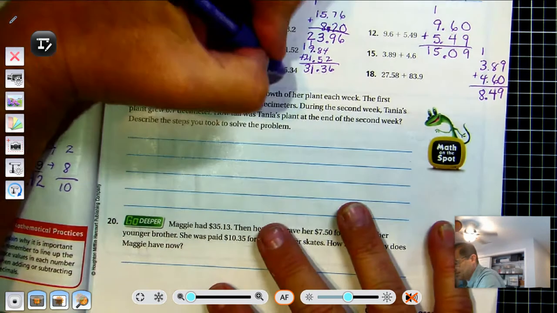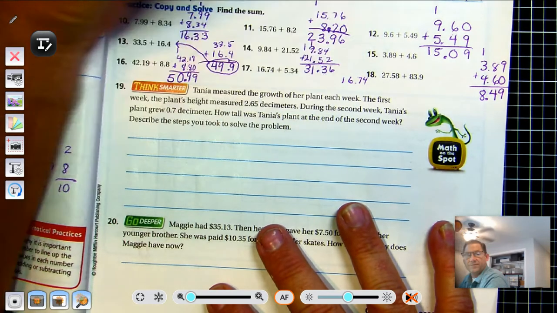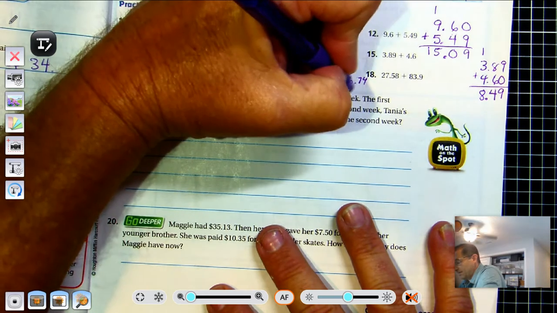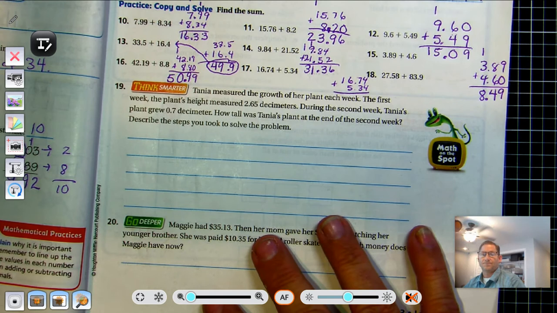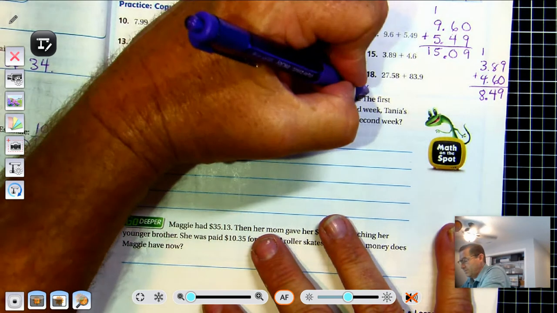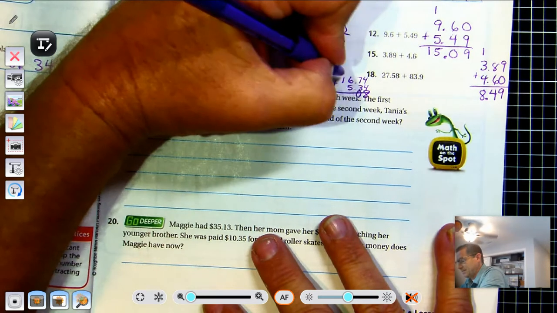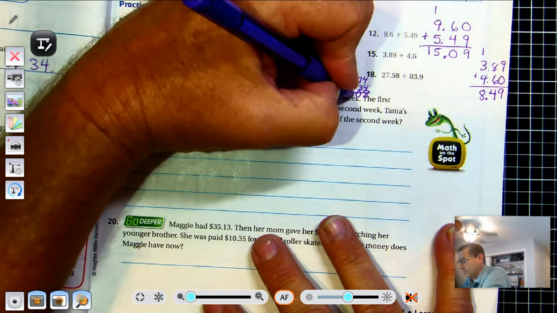Okay, 17. 16 and 74 hundredths plus 5 and 34 hundredths. 4 and 4 hundredths is 8 hundredths. 7 and 3 tenths is 10 tenths. Regroup that as one whole and 0 tenths. We're moving to the ones.